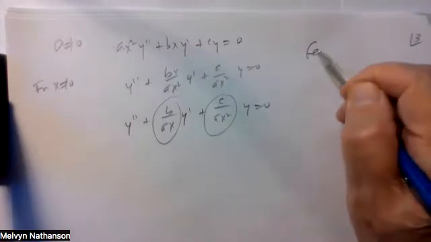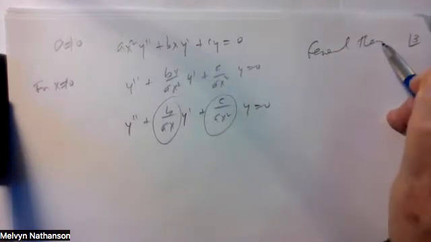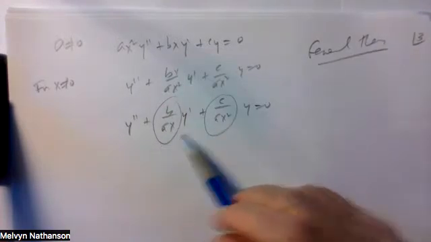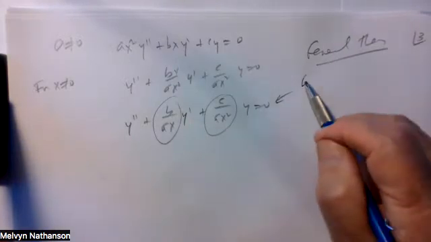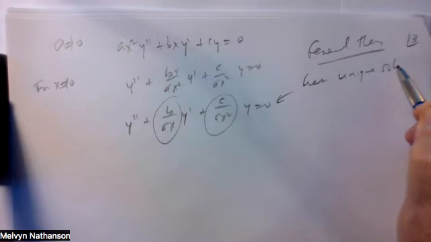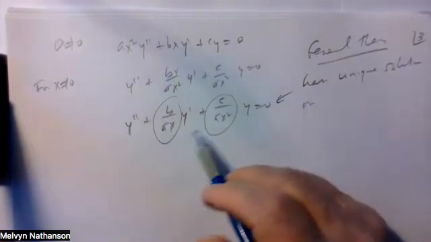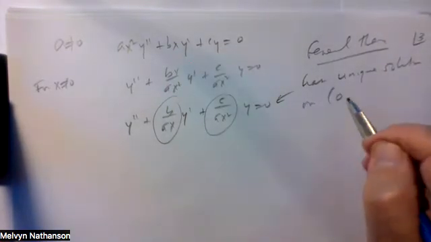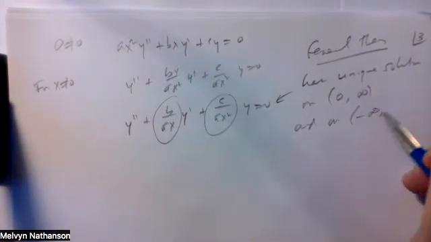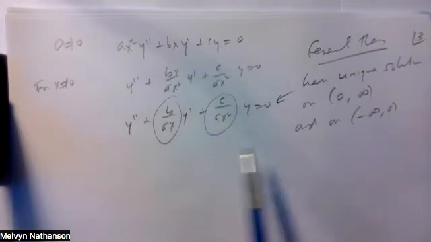So by the general theory, this equation has unique solutions on, not at 0, but on the open interval from 0 to plus infinity, and on the open interval from minus infinity to 0.